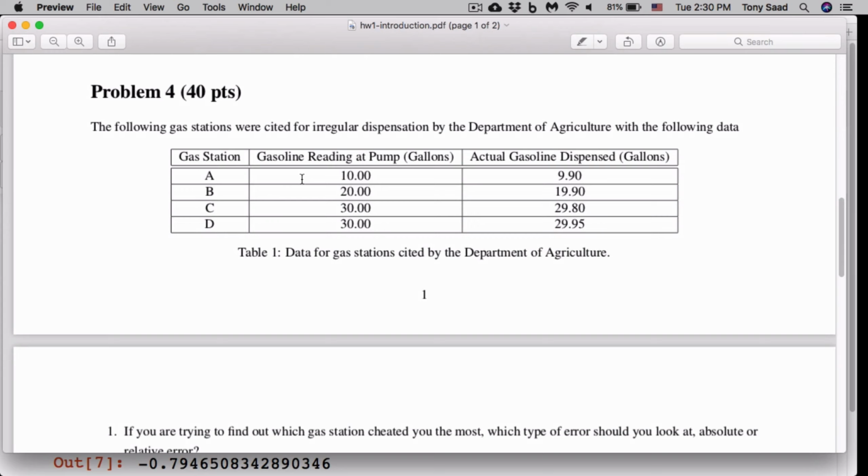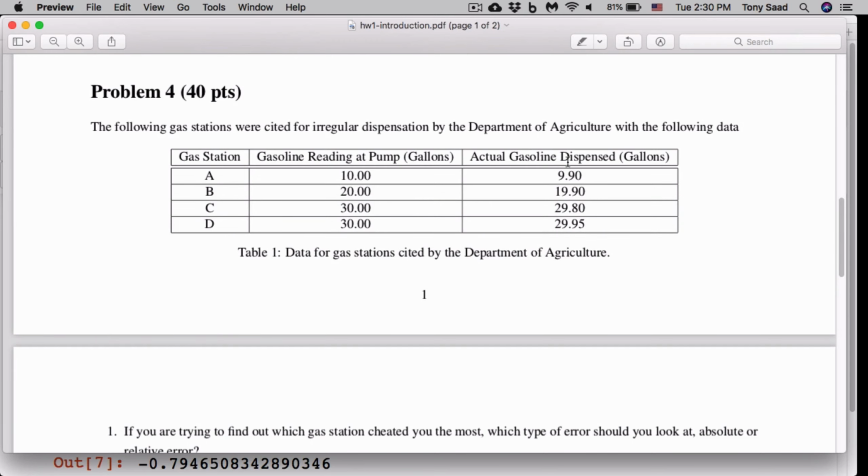For gas station B, you thought you filled up your car with 20 gallons, but in fact, it dispensed 19.9 gallons.